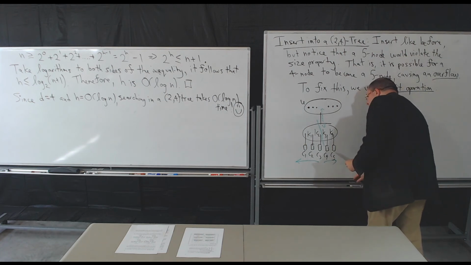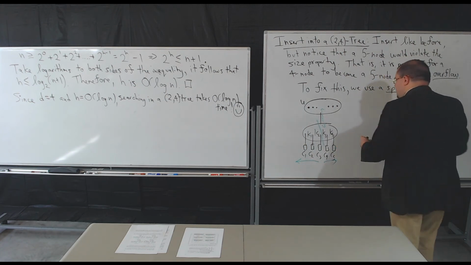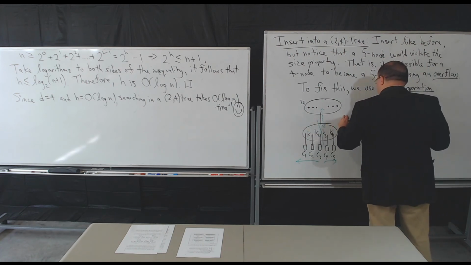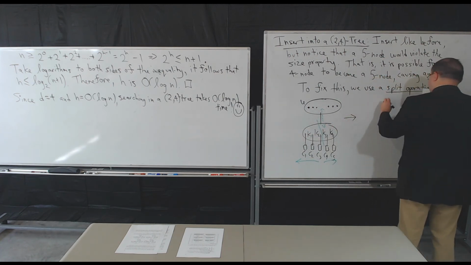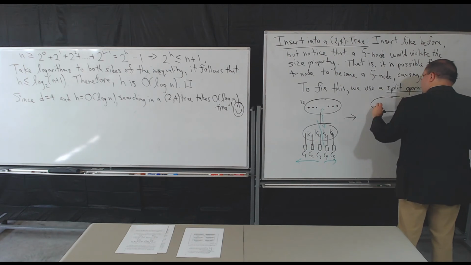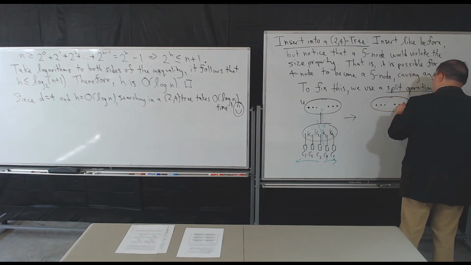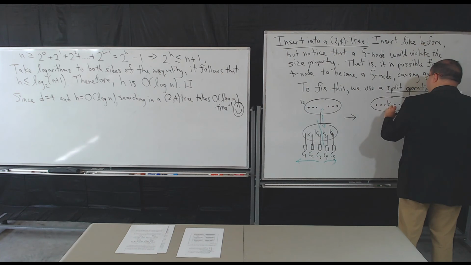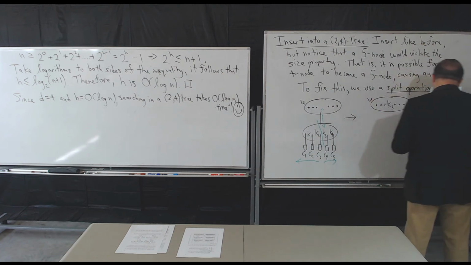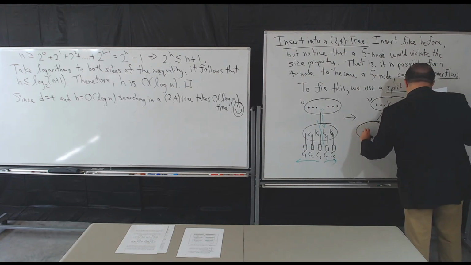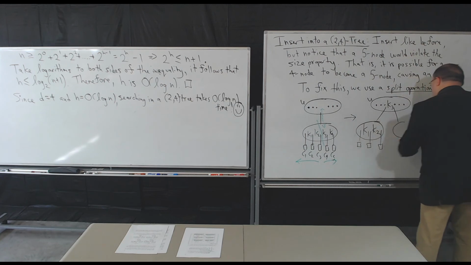So you move V up to the parent, and you split this into 2 smaller nodes. Now K3 goes up here. To its left, we're going to have a 3 node, and we're going to have a 2 node here.